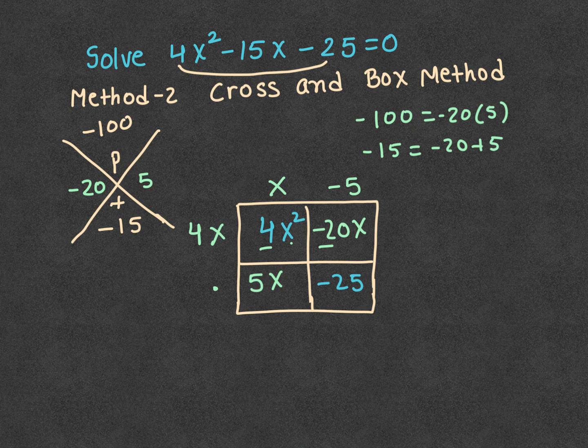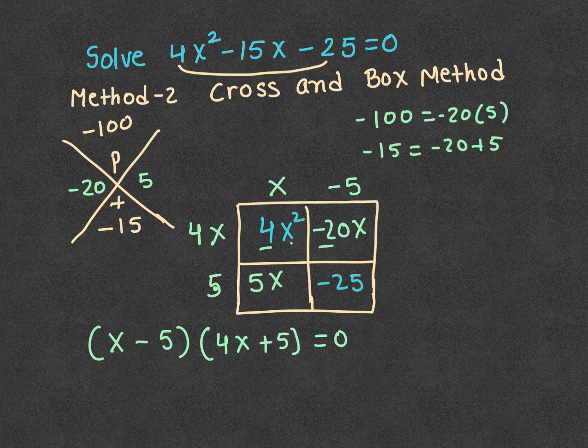Here, you're going to multiply by 5. So 5 times x is 5x, and 5 times negative 5 is negative 25. The outer numbers make two pairs, and we write it in factor form as x minus 5 times 4x plus 5 equals 0.